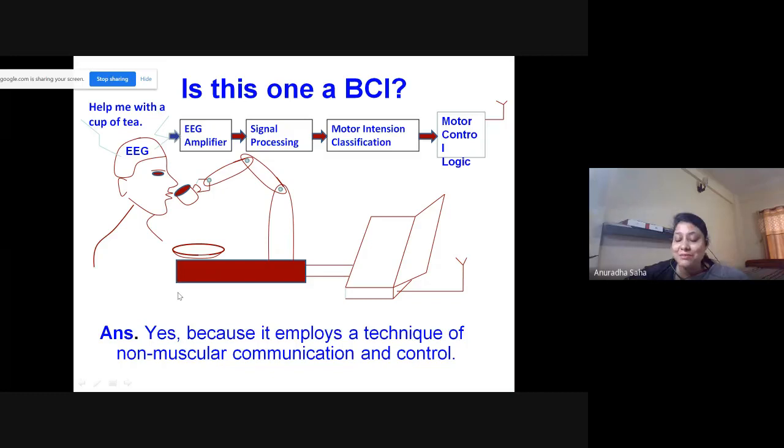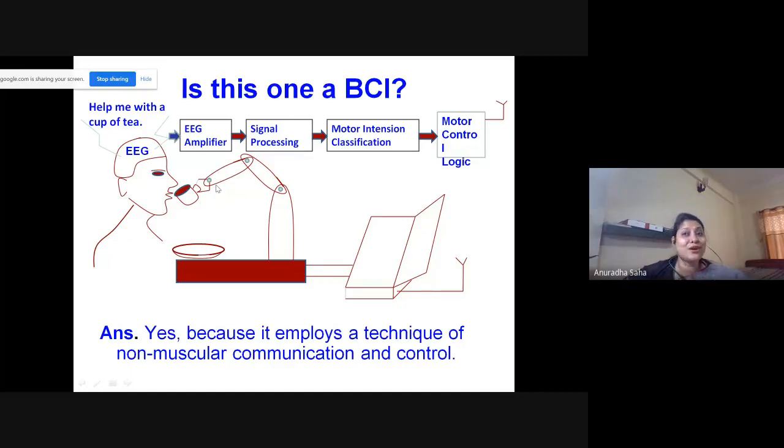If the features inside these brain signals, which give you the probable data of the motor intention of that person, can be extracted, then using some feature extraction method, some classifier design, and some motor control logic, you can send these signals to the PC or laptop. Then using some robotic command, we can send a command to the robotic arm, and now the robotic arm starts performing. That means the robotic arm is going to hold the cup and offer the tea to the human being.